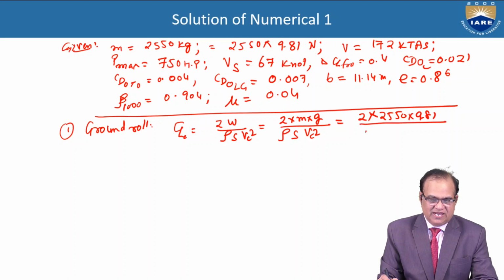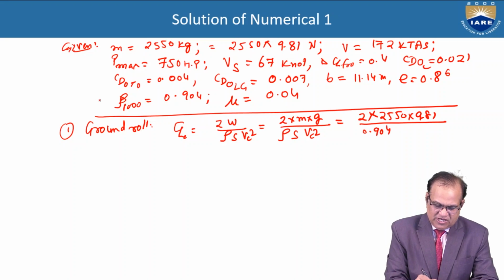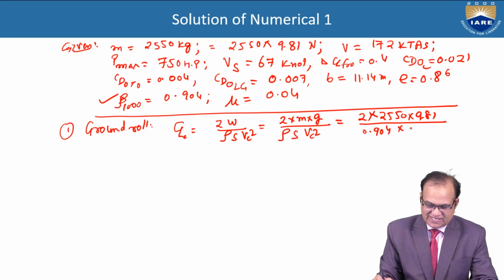Rho is given as 0.904. S is the area, given as 19.4 meter square.